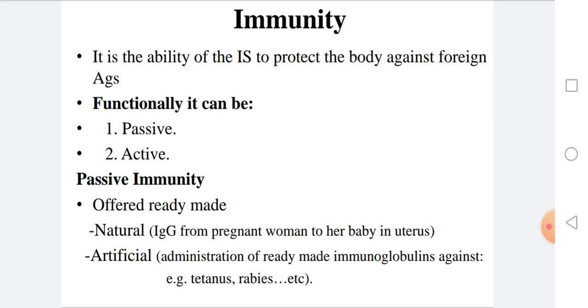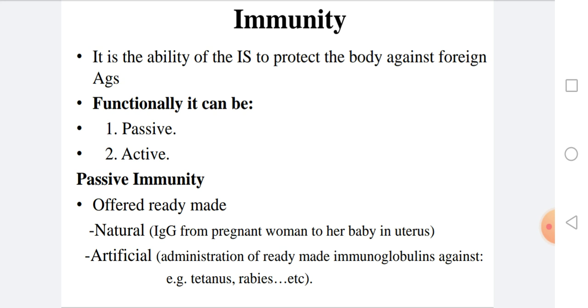So the pregnant woman produces immunoglobulin G and then transfers this immunoglobulin across the placenta to her baby in the uterus. The immunity gained by the baby is natural passive immunity.